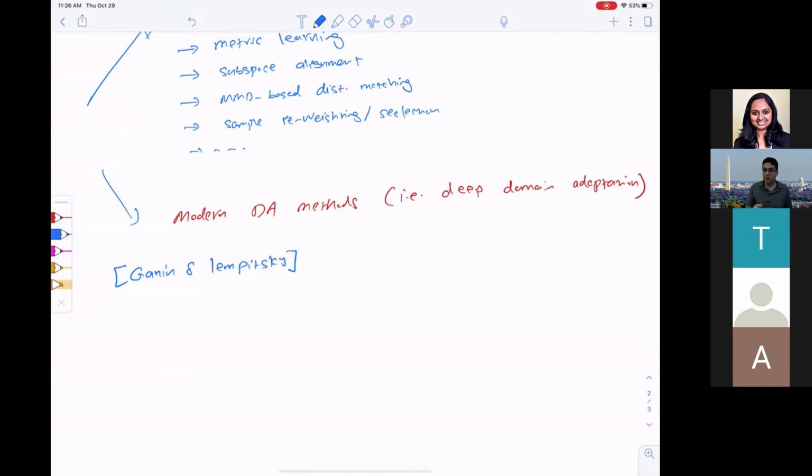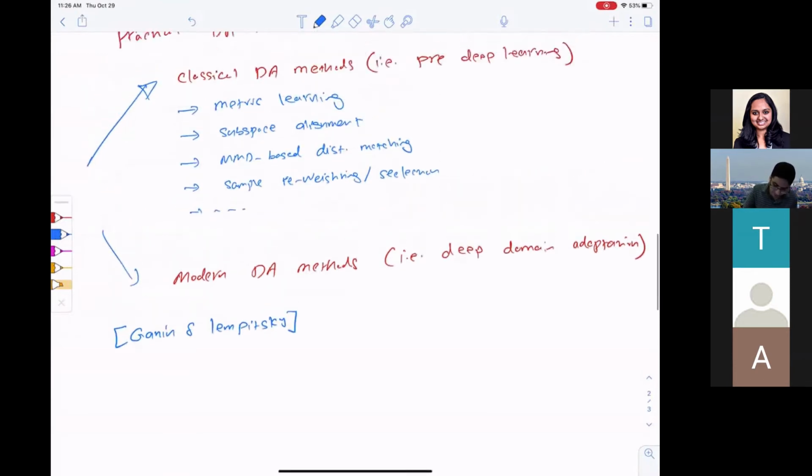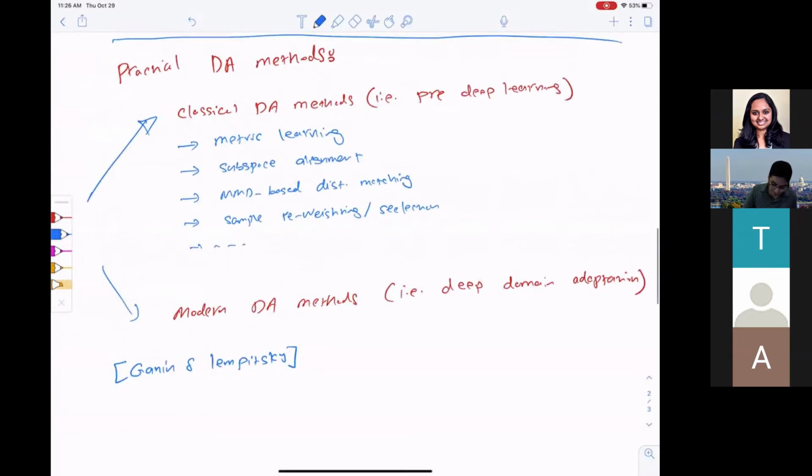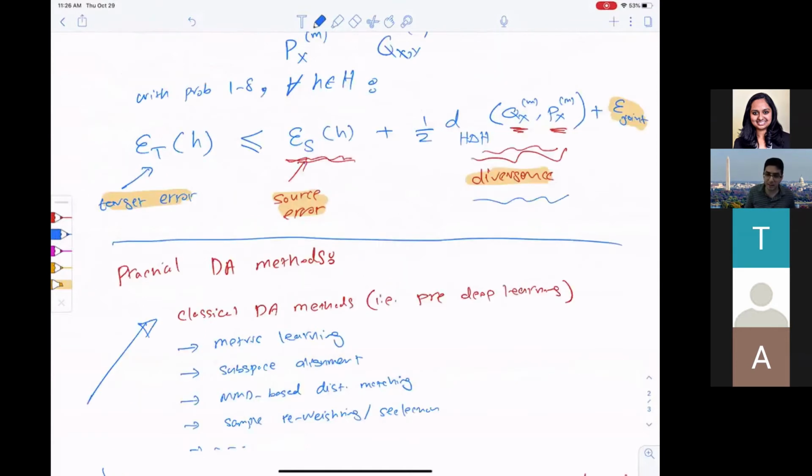If you think about this upper bound that we have, yes, we have the source error that we want to minimize. That's the first part. But we also have a divergence between my source and target, and I hope to learn some sort of embeddings of these source and target distributions such that the H divergence between them is small.